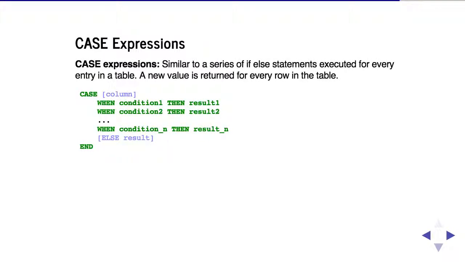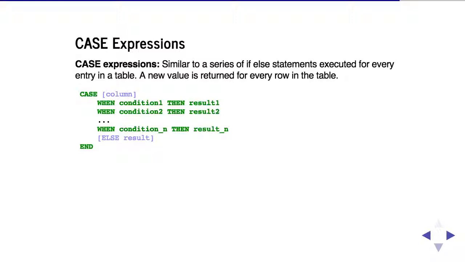Case expressions are sort of like if statements, where the if statement is executed and could check for every row. So case where column, the brackets here just mean that this is optional. If you specify a column, in the condition statement you can say what kind of results that column should have, and if that's true, then we return the result.